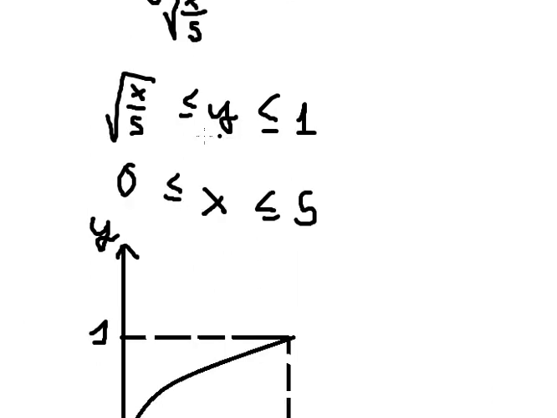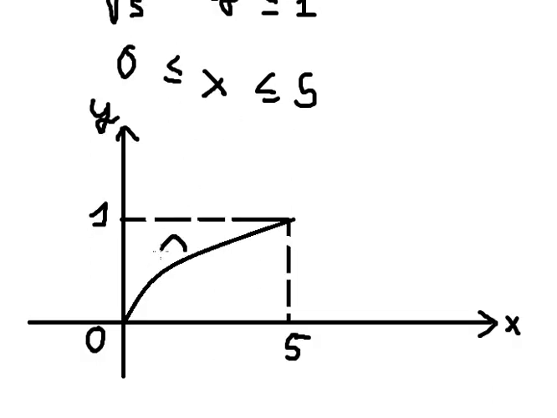So we can see that y is over the graph, under the number 1, and s is between 0 and number 5. So the region we need to consider is this one.